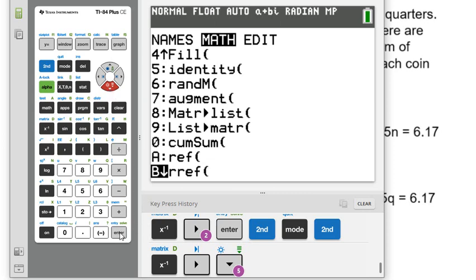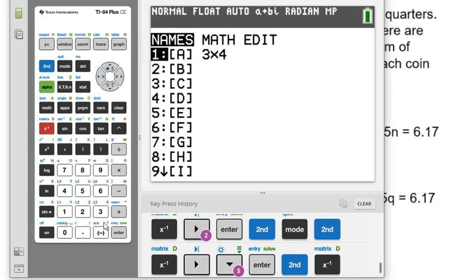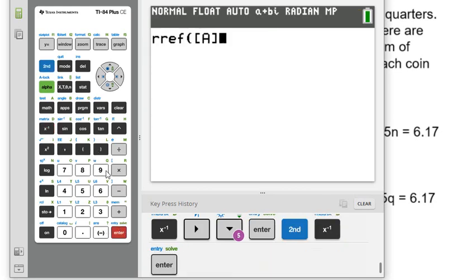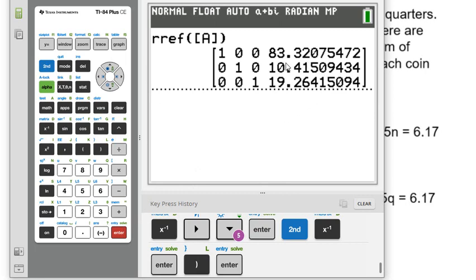And there it is. Press enter. I go to second matrix, enter, and for our answer here we get all these decimals, like 83.32 pennies, 10.415 nickels, 19.264 quarters.